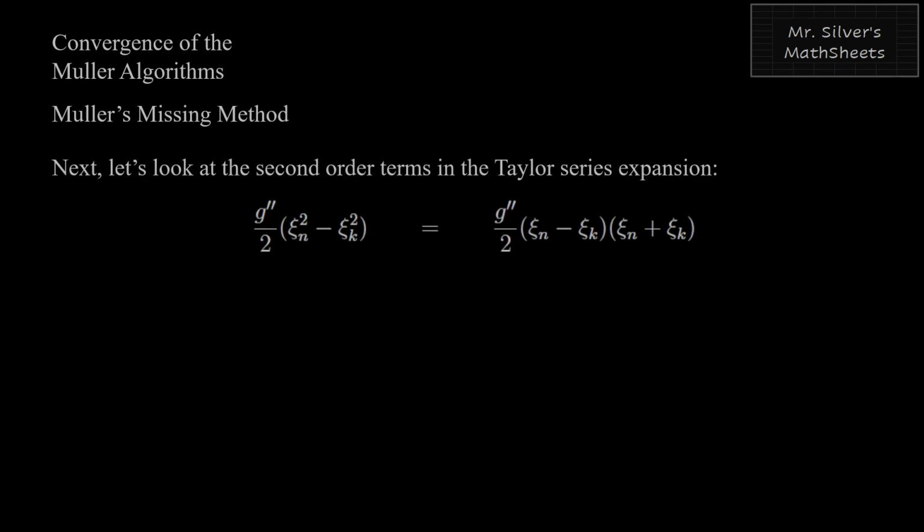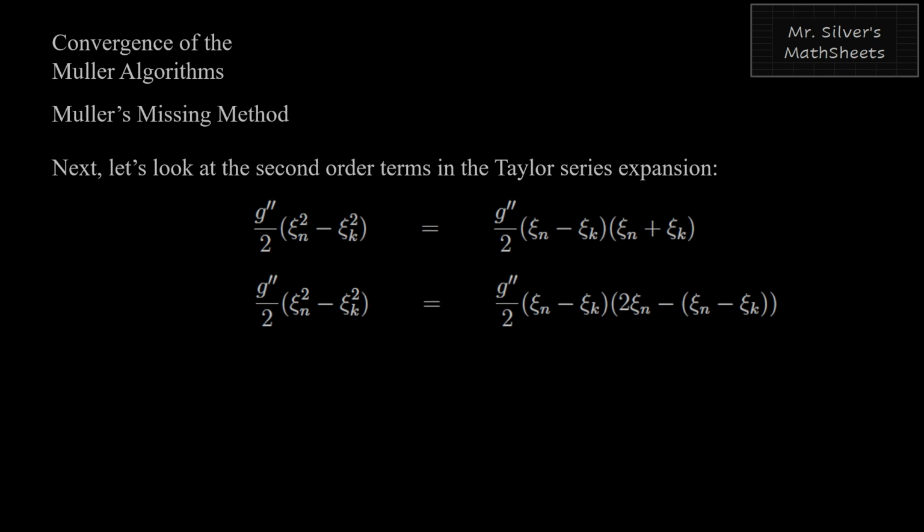Now let's look at the second order terms. We can factor it out, and then we'll do a little algebra. We'll put it into this form. The second term is 2 xi n minus xi n minus xi k. That means we can use our rule.